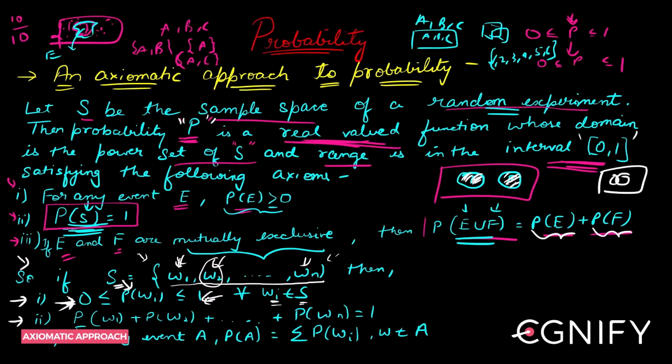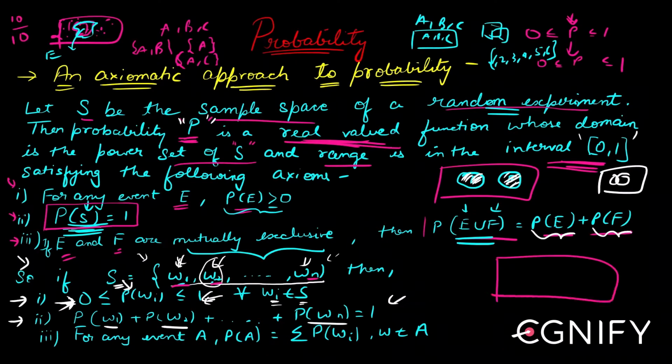Second thing is, if I add up the probabilities of all these cases, then that will be equal to 1. So the fact here is that omega, W1, W2, W3, these things that you see here, make up your entire sample space, right? So let's understand this using a diagram. So you might have W1, W2, W3, so on up to Wn, all these events. Now, if I add all their probabilities, that means I'm actually tracing the entire sample space, because I'm adding all the events that are making up the sample space.